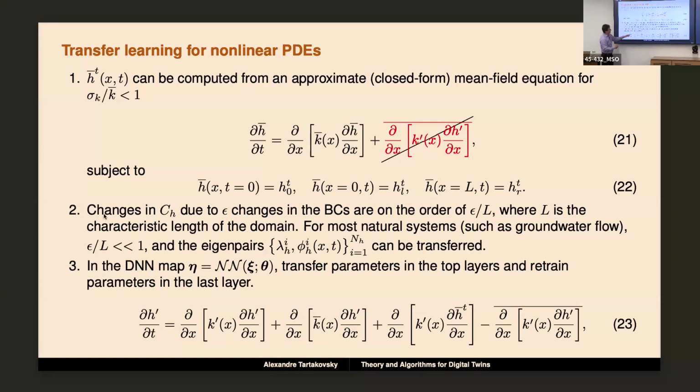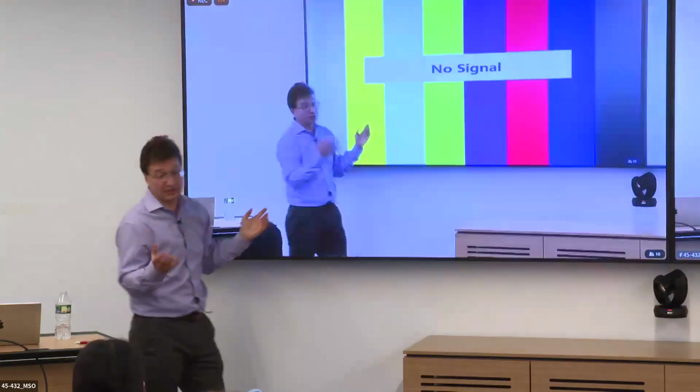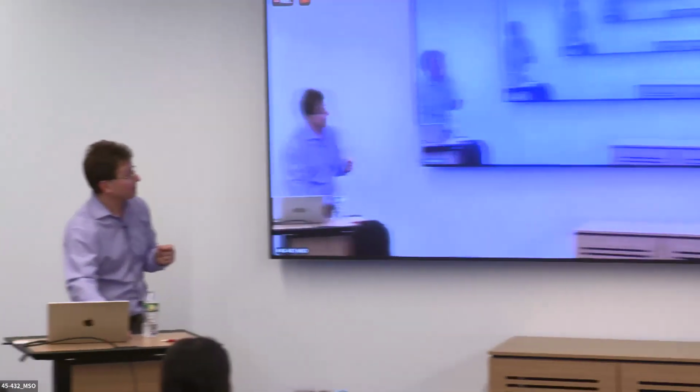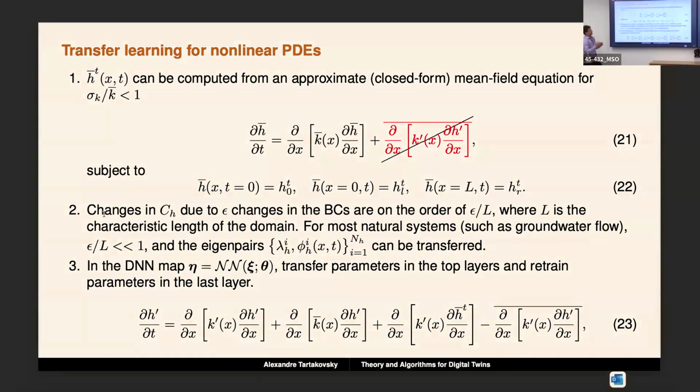Now if we look at the equation for fluctuations, it is nonlinear, number one. Number two, it depends on the target conditions. So the map from Xi to eta is nonlinear, and in general, parameters cannot be transferred. For this, we just use the standard approach from transfer learning.